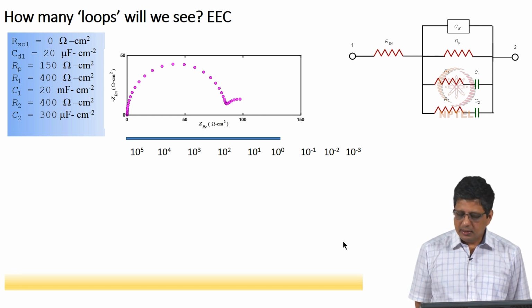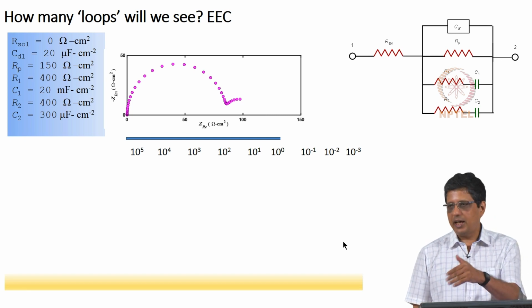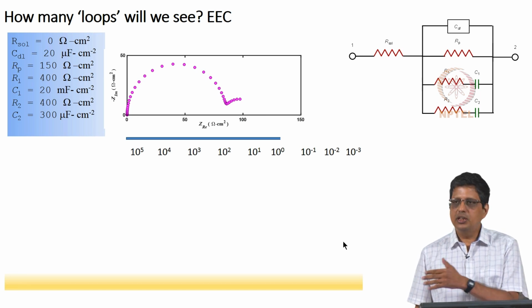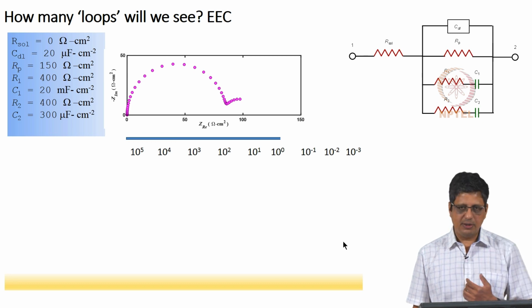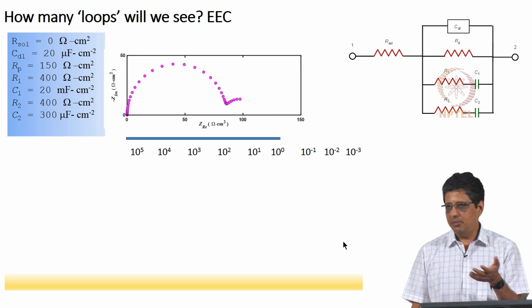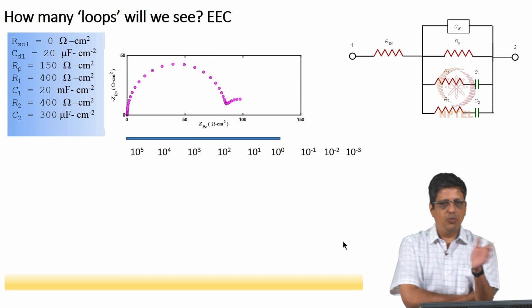If I use other values, you might see even up to 1 millihertz only 1.5 loop. To get the second loop or third loop, I will have to go till maybe microhertz. I may not have enough time to do the experiment, I may not have enough quality of data, even if I have time it may be noisy, scattered, so I can't really see anything, the points are all over the place.